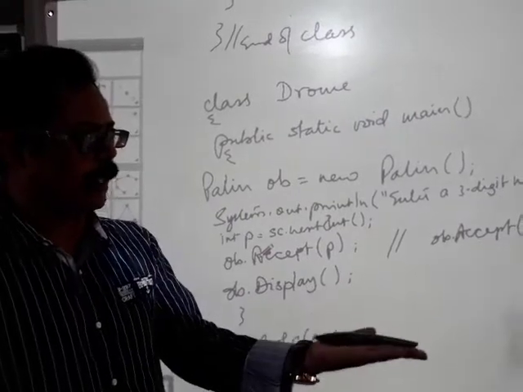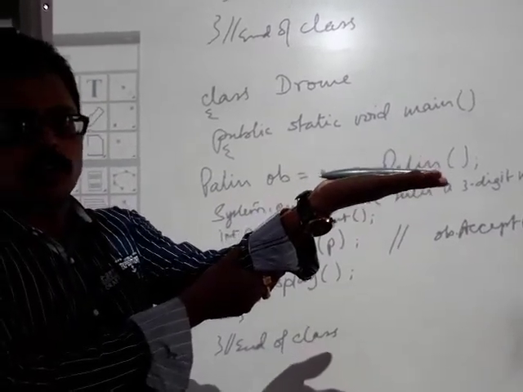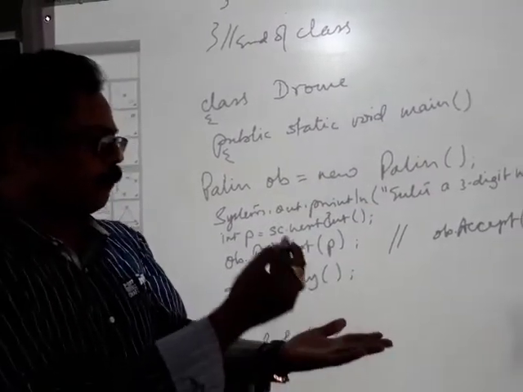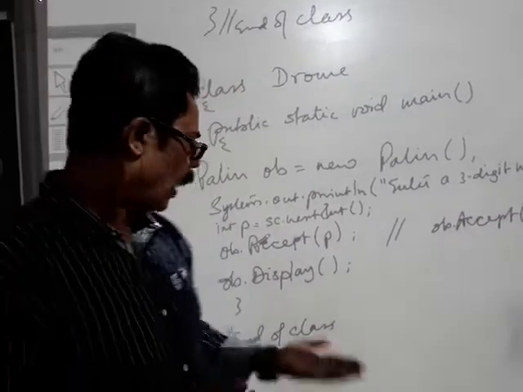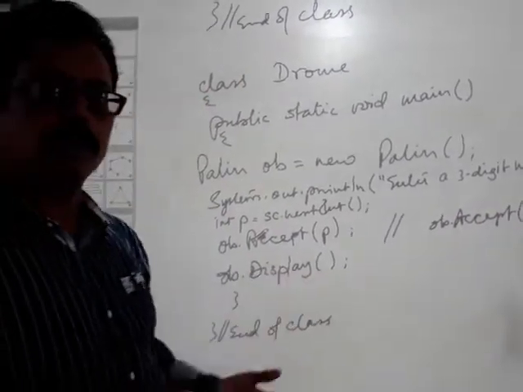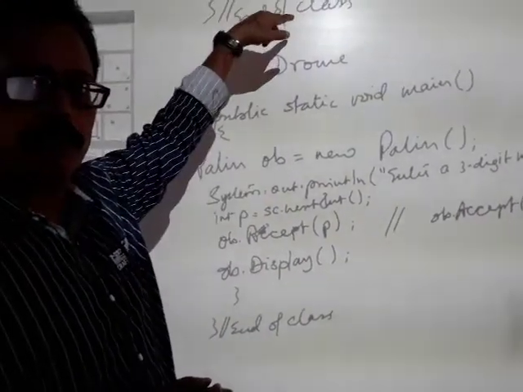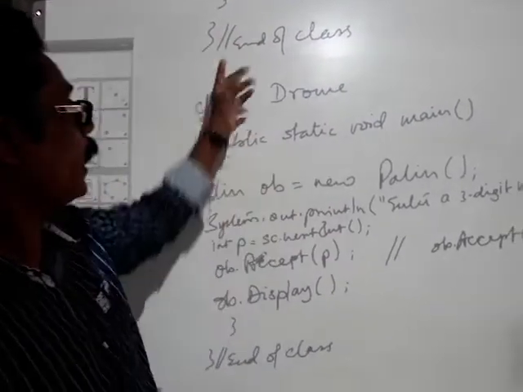If I lift my hand, automatically the pen, or the stylus, is also lifted. In other words, if I want to invoke the reverse function, I can straight away call the display function. When the display function is called, reverse is automatically called. Whatever the value is for the number, it is reversed and it goes back to the display.